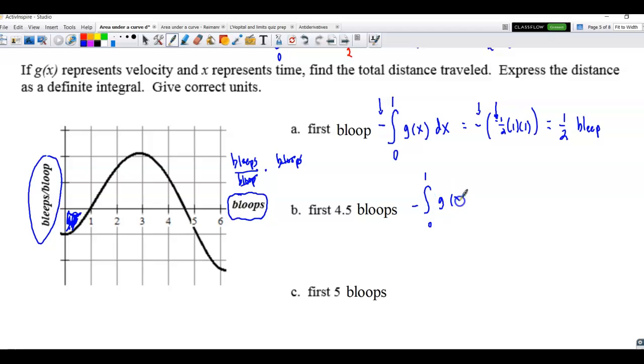So g of x dx. All right, now the area goes positive, so we're going to add. We're going to start at 1, and we're going to stop at 4.5. All of that area is positive, so that's good to go. g of x dx. We already knew that the area for the first region is 1/2 of a bleep.